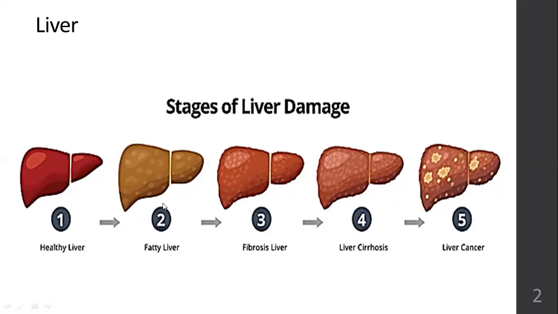Okay, but when your diet is quite high in fat, the liver will not be able to do this function well, and big globules of fat and lipids will start to accumulate in the liver cells, hepatocytes.